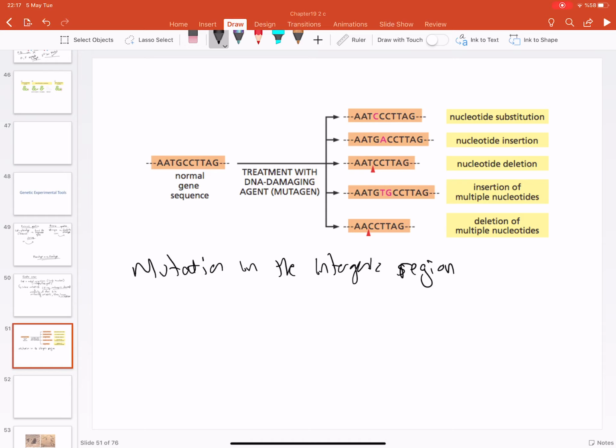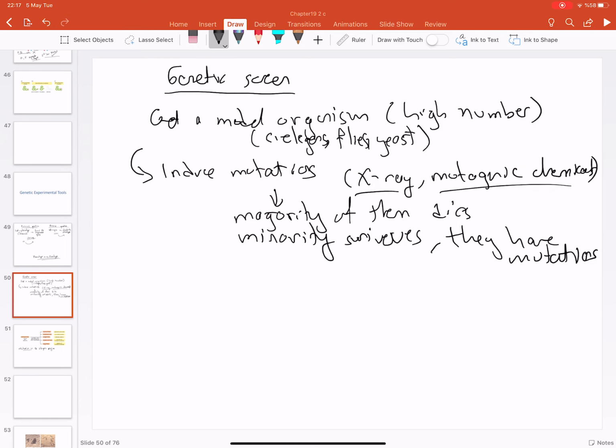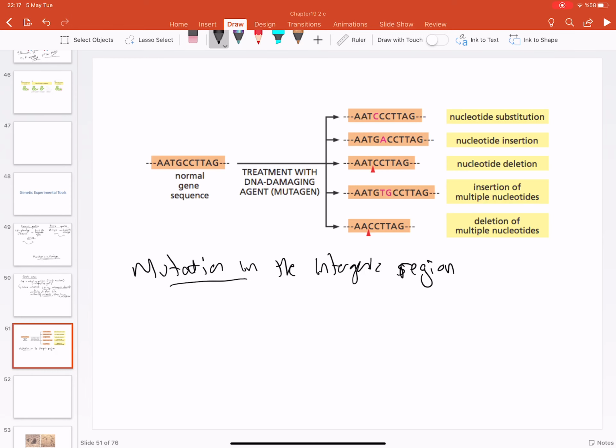So the mutation you induce is most possibly in an intergenic region, so it doesn't have an effect, so it doesn't change anything in the organism. That's why it survives. Okay, we don't care about this. Some of them have mutations in the genes, and they have some phenotypes.